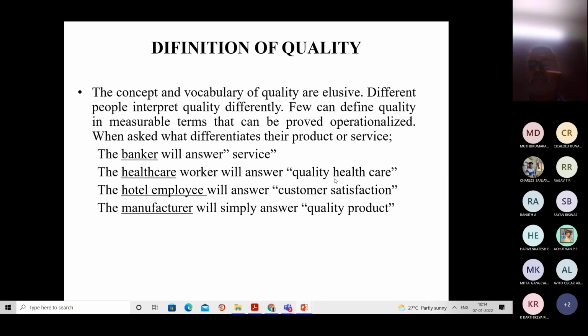I have my doubt whether hospitals are providing quality healthcare, only that they are charging very well. For a hotel employee, it means customer satisfaction. Some customers are not worried about the taste of dosa. He wants it responsive, immediately. If you provide it immediately, that is customer satisfaction. A manufacturer means quality product, like this.